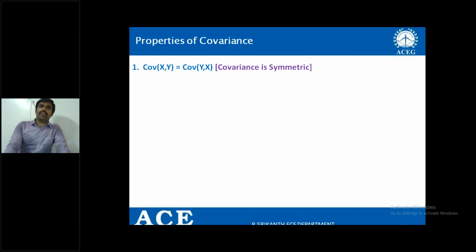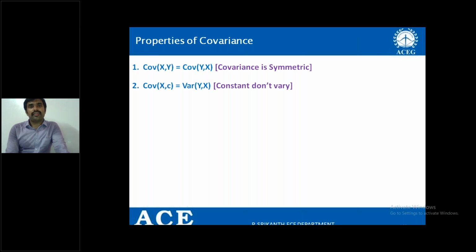And we have seen what is covariance. Let us see some properties of covariance. The covariance is always symmetric, in the sense if you find the covariance of x and y or y and x, both are the same. Cxy or Cyx, or COV of x comma y or COV of y comma x, both are the same, symmetric. And the other property is that a constant will not vary.